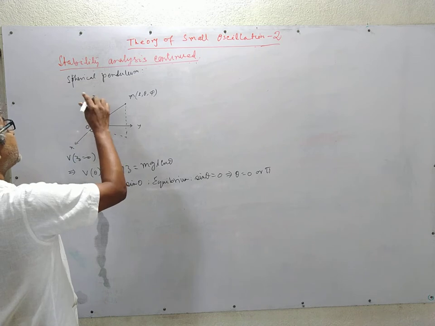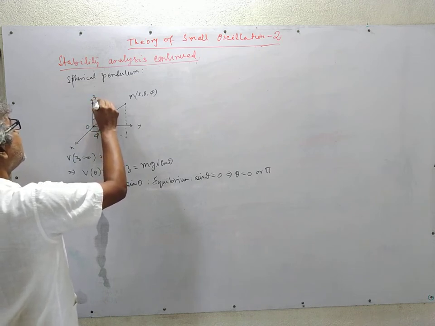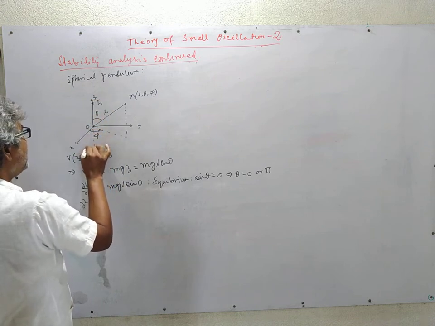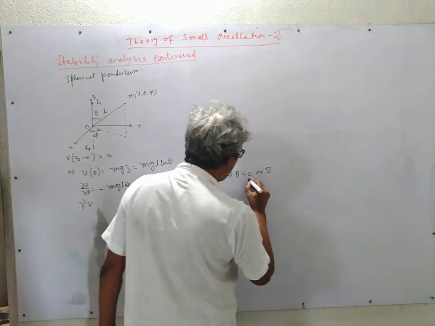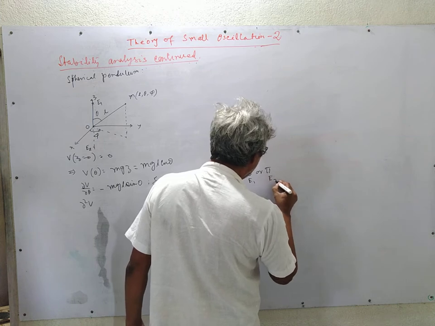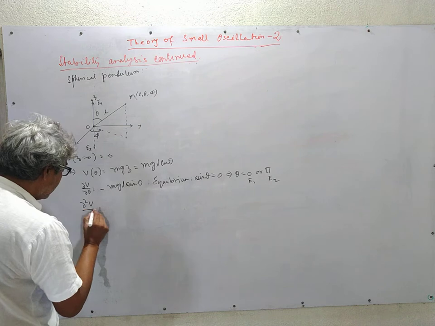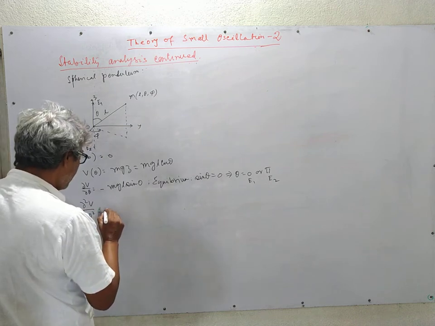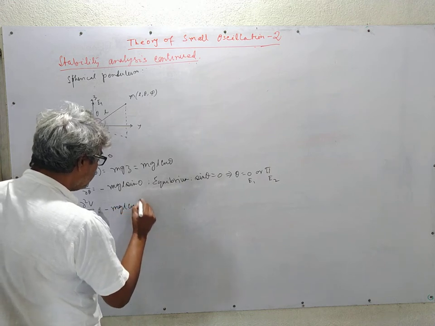One is when the particle bob is over here. This is equilibrium point 1, and the other one is equilibrium point 2. We denote this point as E1, and this as E2. And del 2V del theta 2 is equal to minus mgl cos theta.